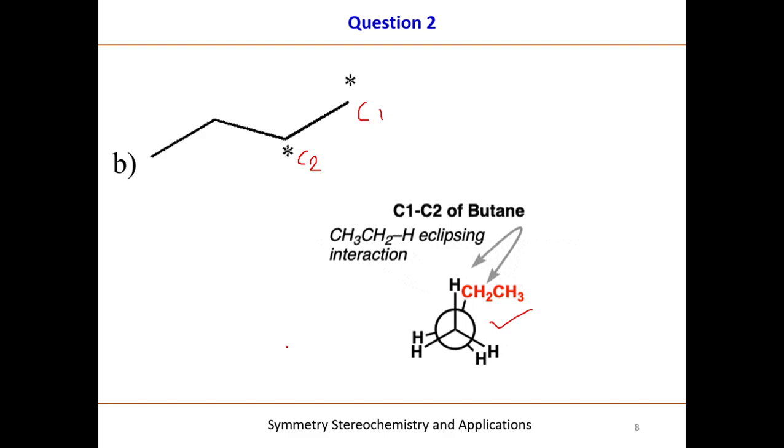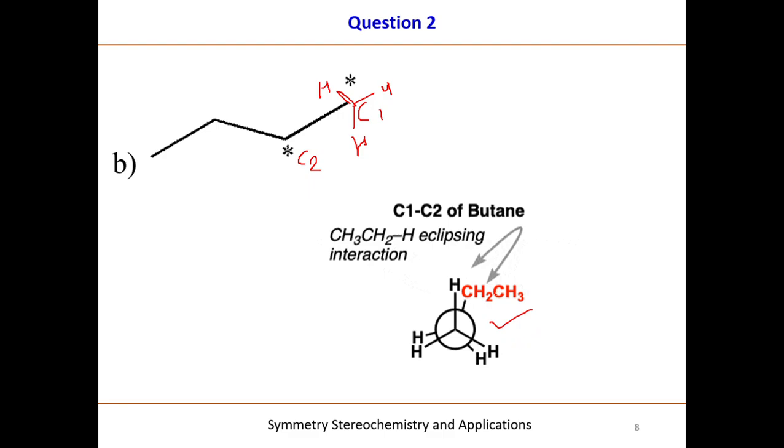In the previous one we were getting two eclipse conformations, because we were considering the direct CH3 interaction and CH3-H interaction, but here there is no possibility, because this carbon has all the atoms the same, hydrogen only. That's why it will give only one conformation.